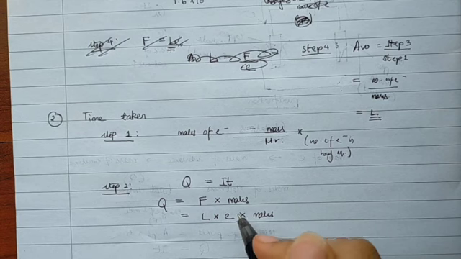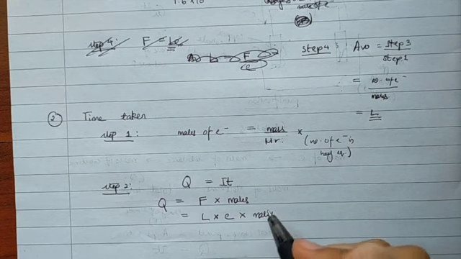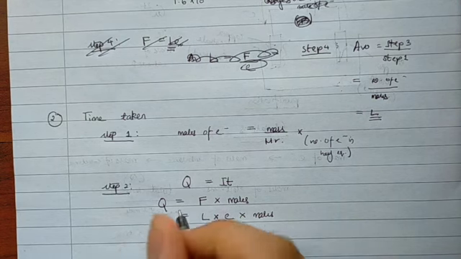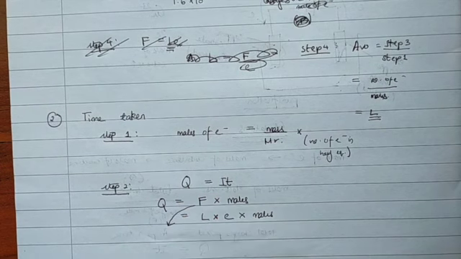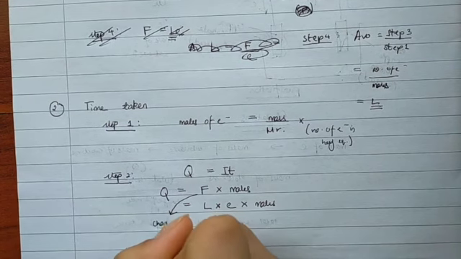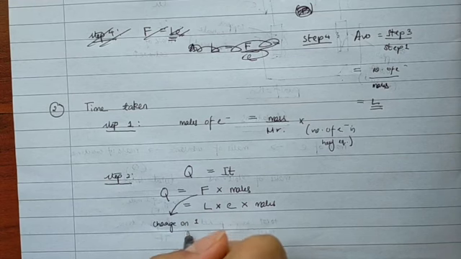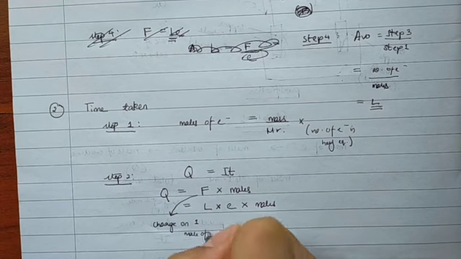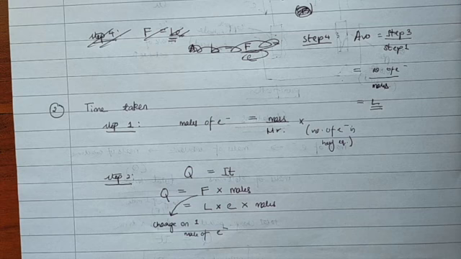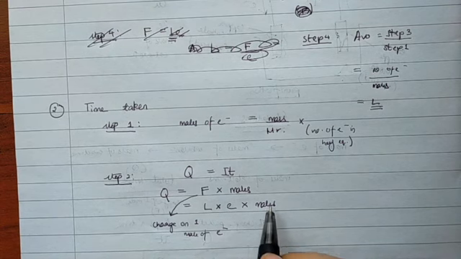Now why can we say that Q equals F times moles? This is because F, as we mentioned earlier, is the charge on 1 mole of an electron. So charge on 1 mole of an electron times the moles of electrons gives the overall charge.